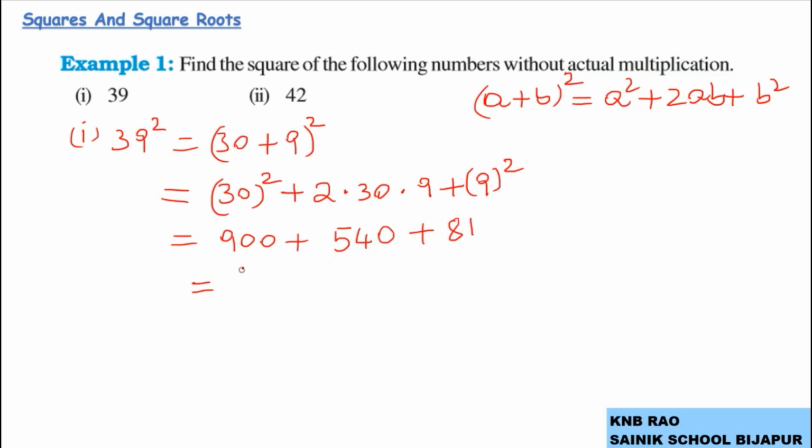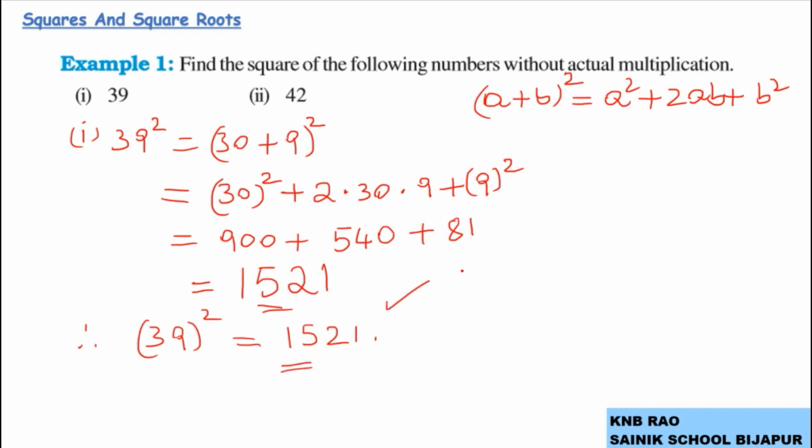So 1521 is the square of 39. So 39 square is 1521. This is how we will do it in the alternate method, without any actual multiplication.